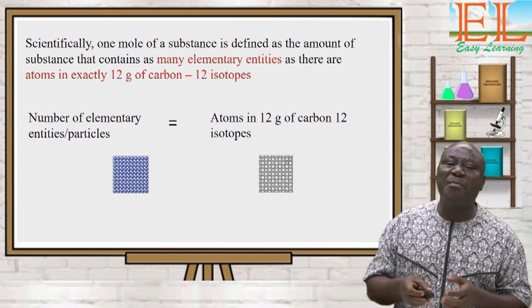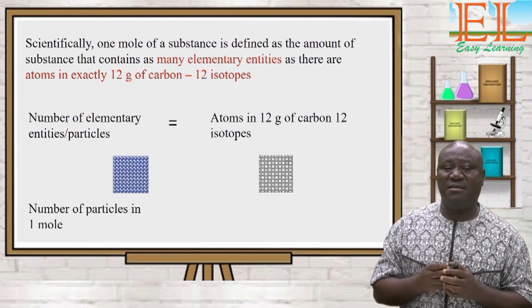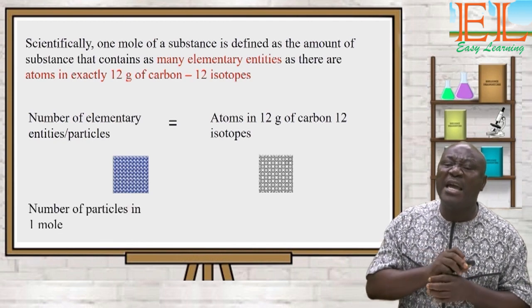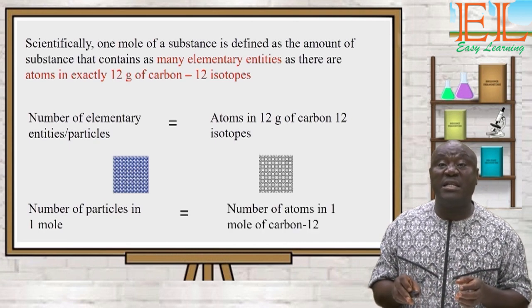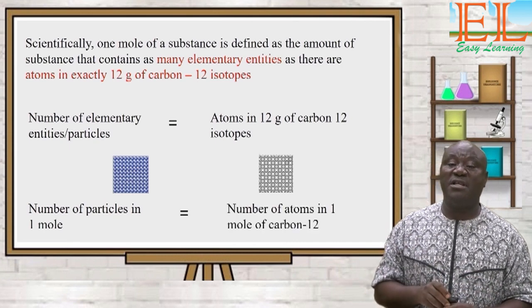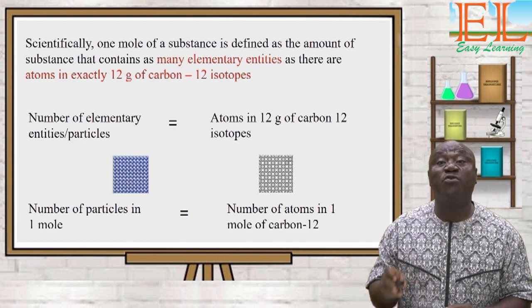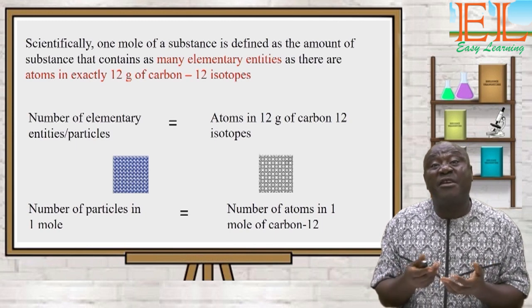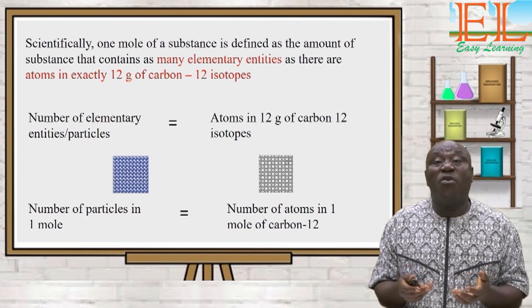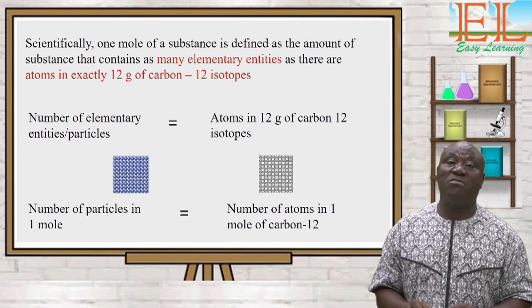So, the number of particles in 1 mole of any substance is equal to the number of atoms in 1 mole of carbon-12 isotope. So carbon-12 isotope is a reference scale for defining a mole.